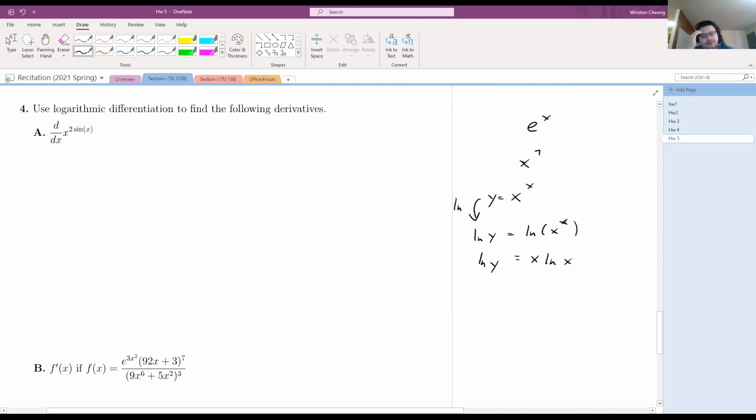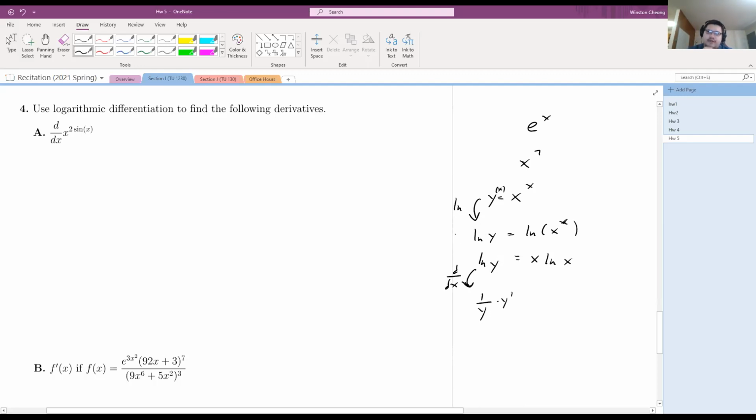Implicit differentiation. So I guess we're going through things a little bit out of order, but the derivative of this ln of y is not just 1 over y in this case, but it's 1 over y times y prime. There's actually a chain rule. The reason for that is that this derivative is a derivative with respect to x, and y is actually a function of x.